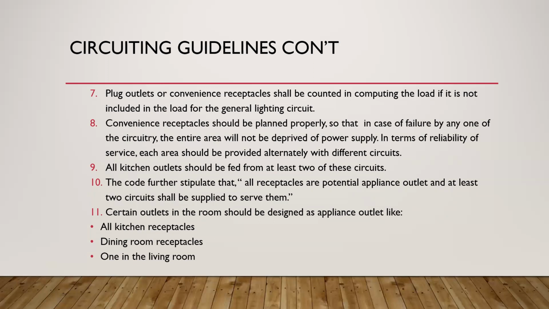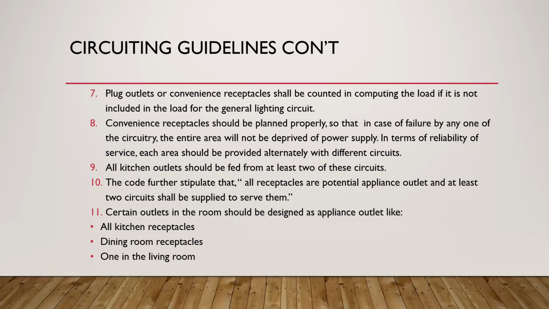Okay? So in terms of reliability of service, each area should be provided alternately with different circuits. So ito na yun. Number 9, all kitchen outlets should be fed from at least 2 of these circuits.